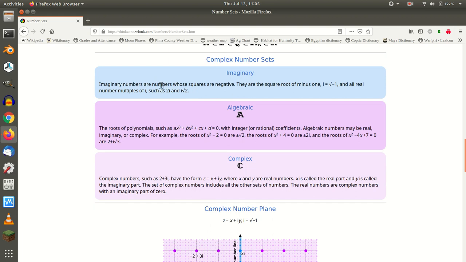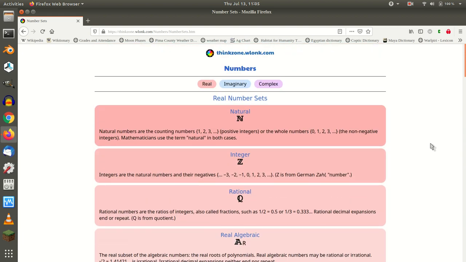Okay, so imaginary numbers are numbers whose squares are negative. They are the square root of -1, and all real multiples of i, such as 2i and i root 2. Notice, 0 is not negative. By definition up here, if 0 is a whole number, it's non-negative. Okay?